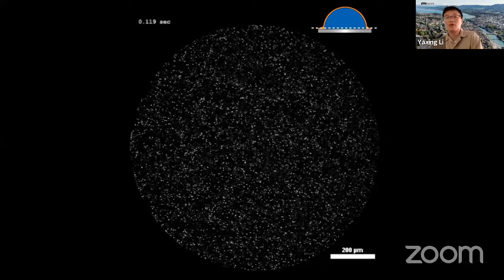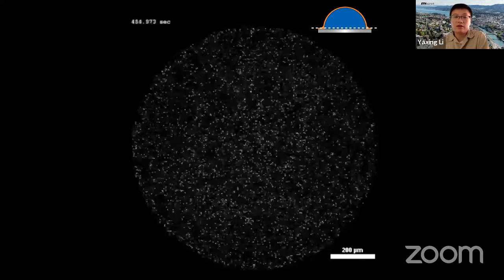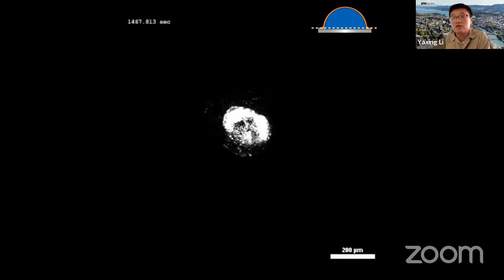Then we look from the bottom side to see how the particles behave and what the flow structure is. You can immediately see the particles seem to be doing a random motion instead of a very obvious flow structure. Also, because of the shrinking of the contact area, all the particles are flushed into the center.